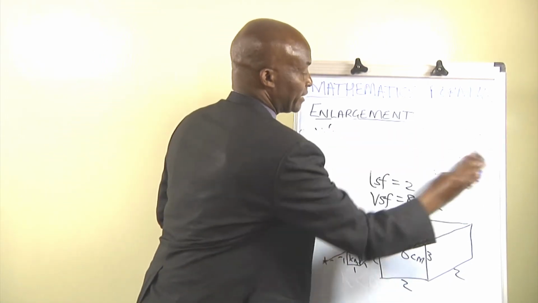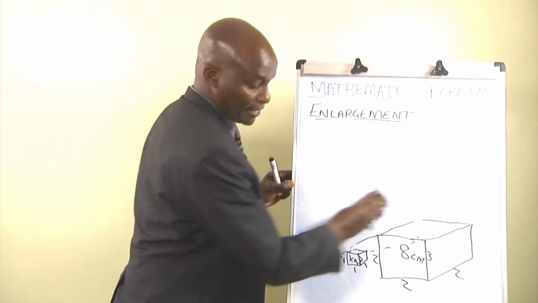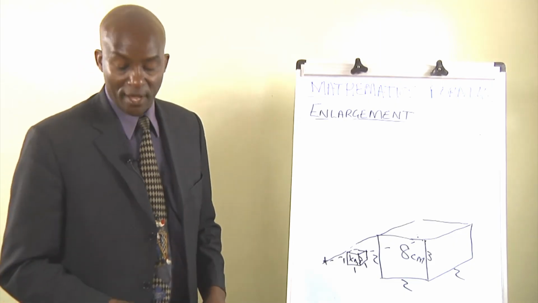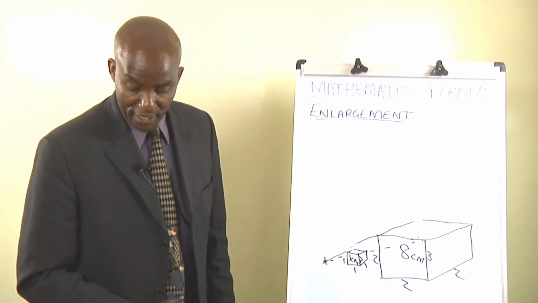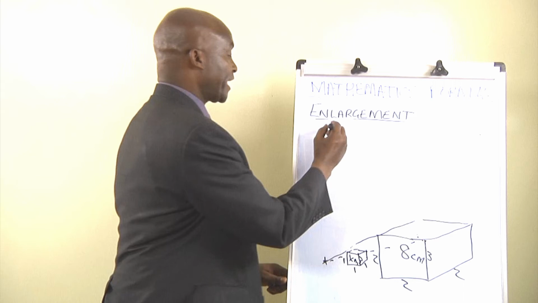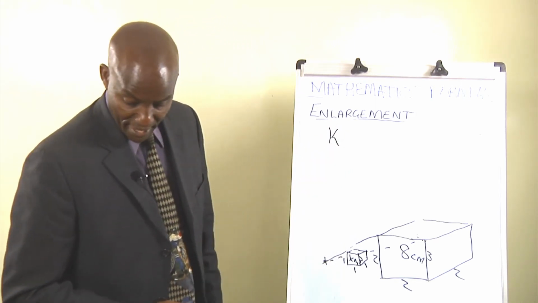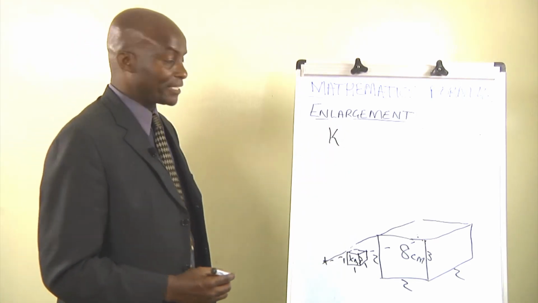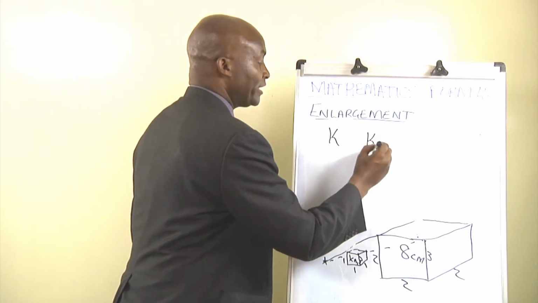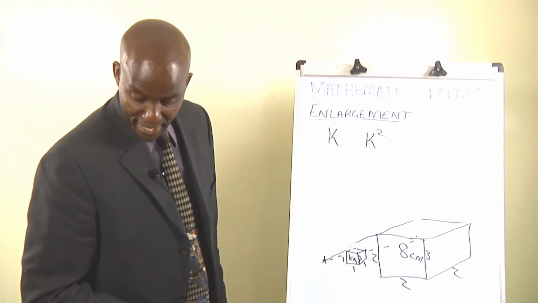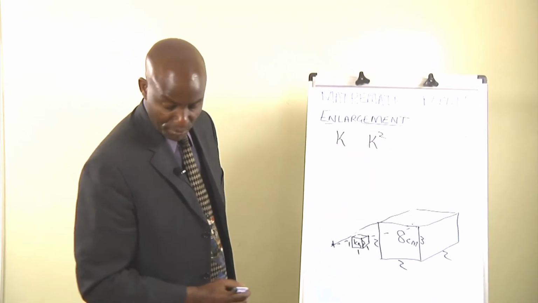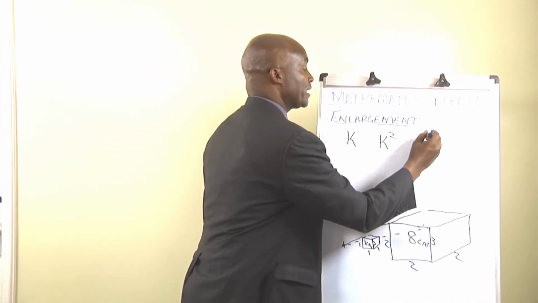And here it is. If the linear scale factor of enlargement is K, the area scale factor will be K squared, and the volume scale factor will be K cubed.